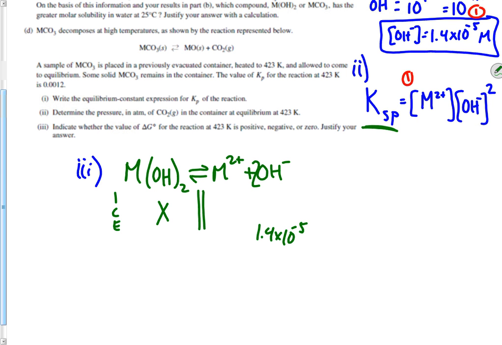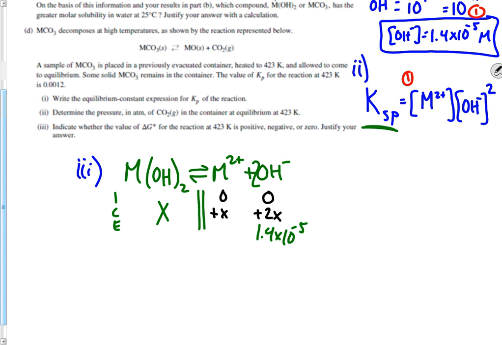Start working the ICE box. I know that I initially start, here, I'll even do this in a different color, I initially start at 0, okay? And then I put in my x's. Let the simple math reveal itself. Because of that, what is the result of the concentration of my M? Is it doubled or is it halved? It's halved.